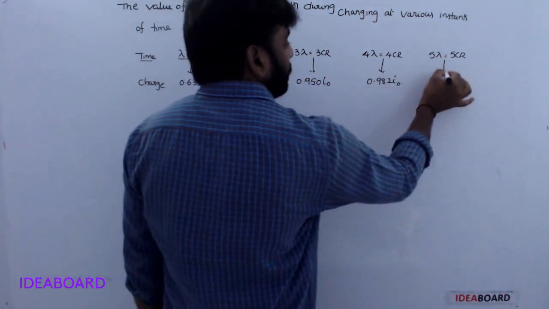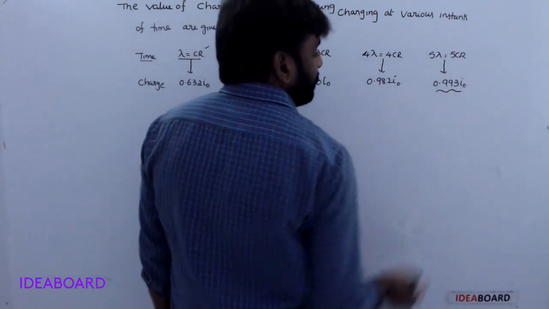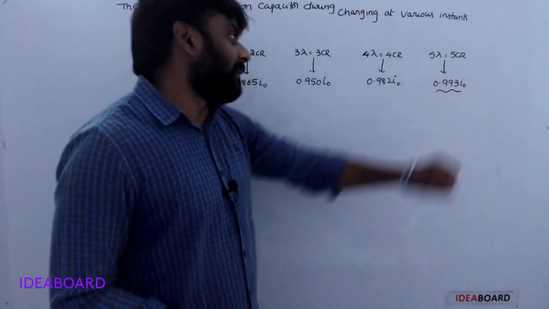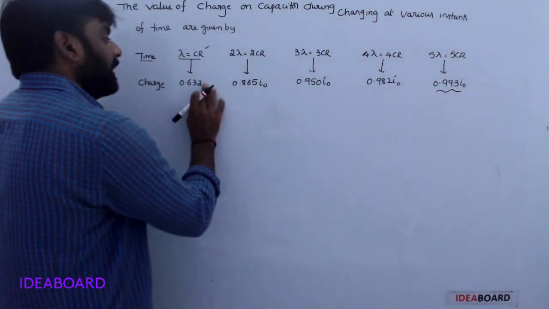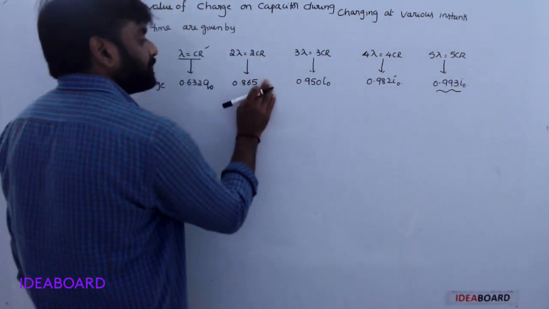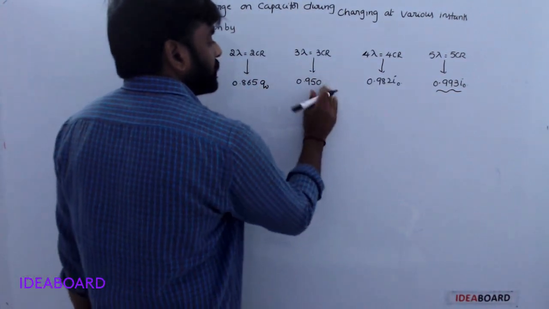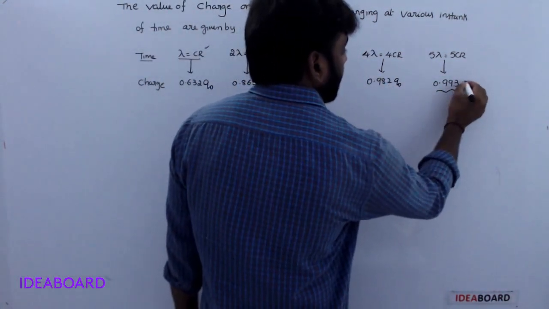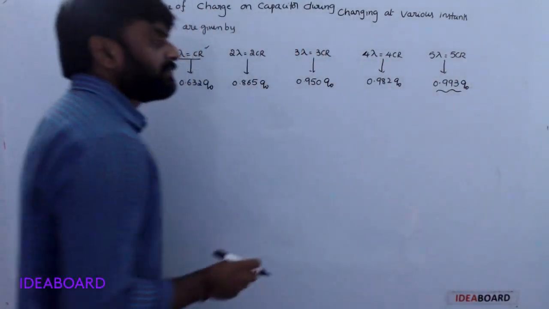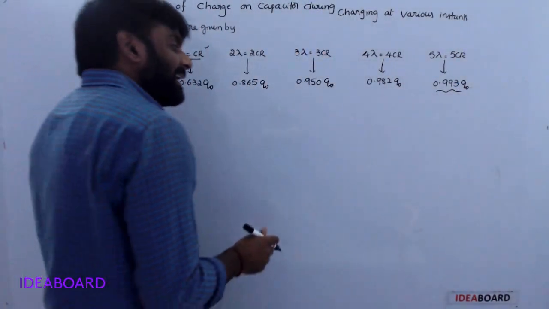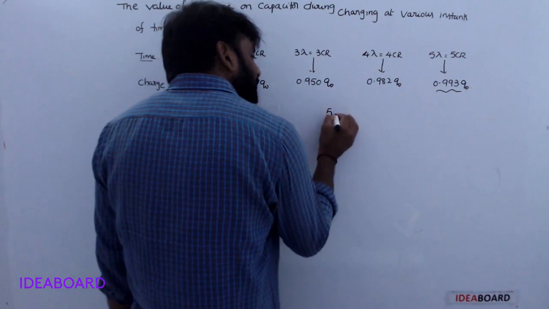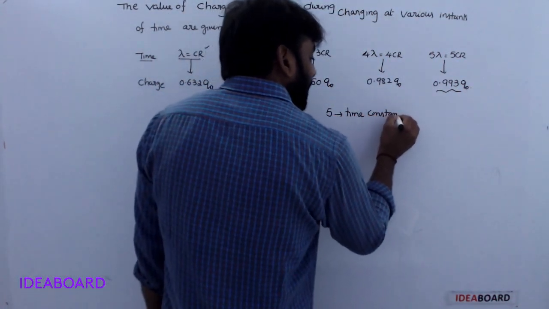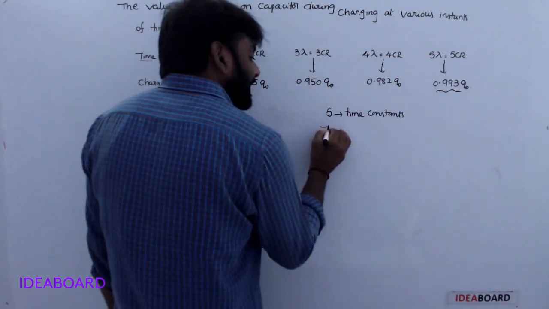In five time constants, it almost reaches the maximum value, Q naught. It reached the maximum charge. So practically, five time constants.